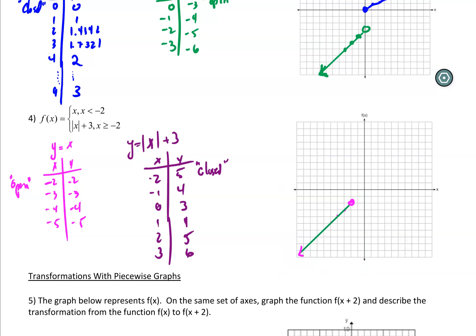Make sure you clearly show open circles. Right now, looking at this, I don't like how that doesn't really look like an open circle, so I'm going to go back and make that adjustment. You want to really make sure that the key parts of this are clearly defined. So that's a closed circle.